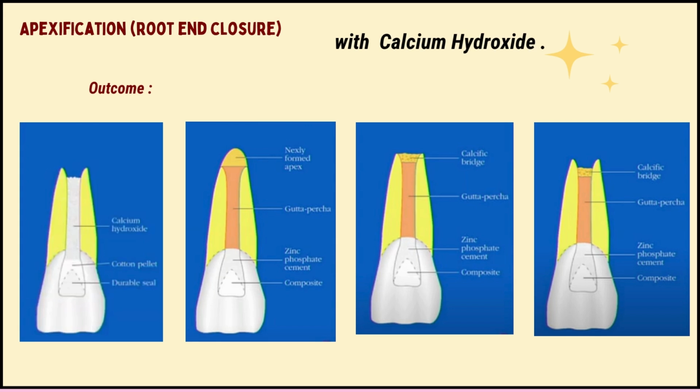So you can see there is possibility of formation of a newly formed apex, or there are chances of formation of calcific bridge which is up to the level of the root apex, or formation of calcific bridge which is short of the root apex. So these are the possible outcomes of the calcium hydroxide apexification process.